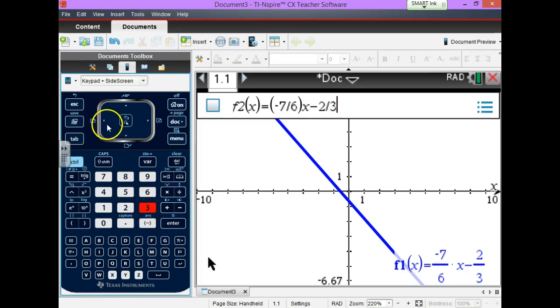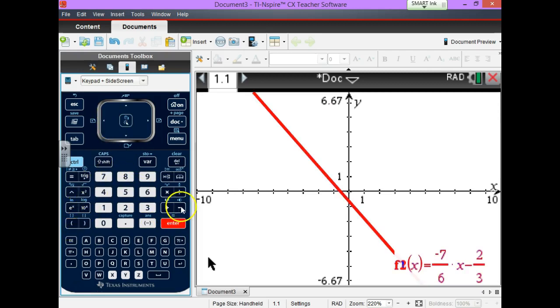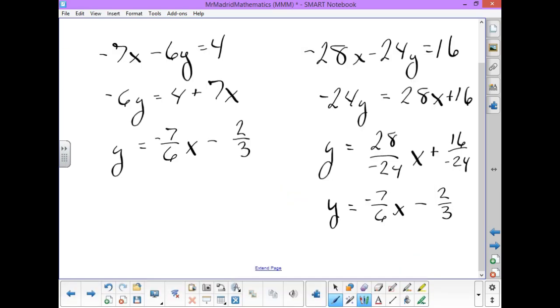Could have put that in parentheses. Let's do it. Okay. Now, if you notice, this line and this line produce the exact same line.